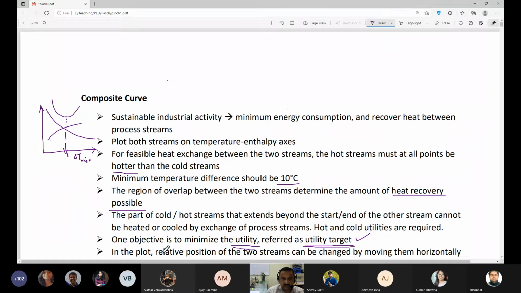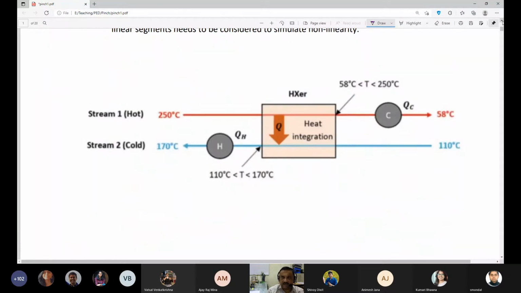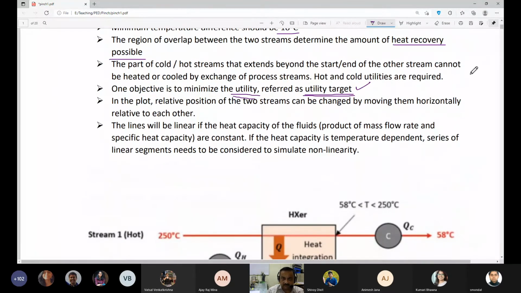The other way of looking at it is you can also minimize the utility requirement, so that only the energy requirement is your primary aim. You do not bother about the heat transfer area. You just assume some minimum delta T and be happy with that. That is the way we are going to approach this problem.